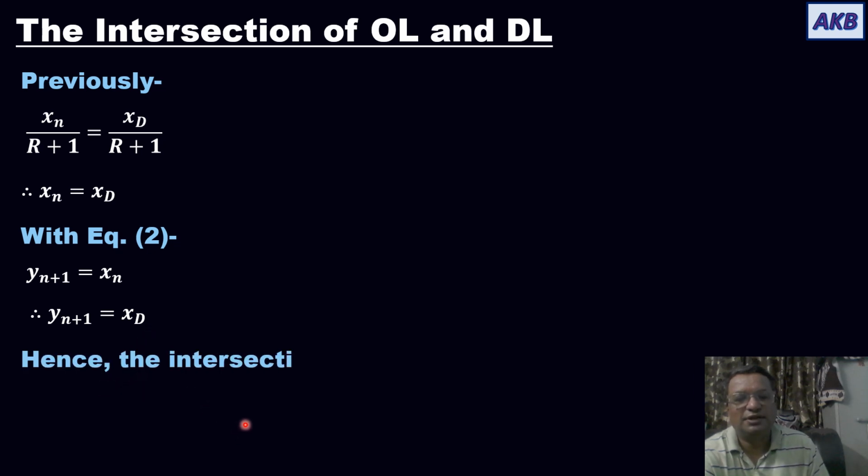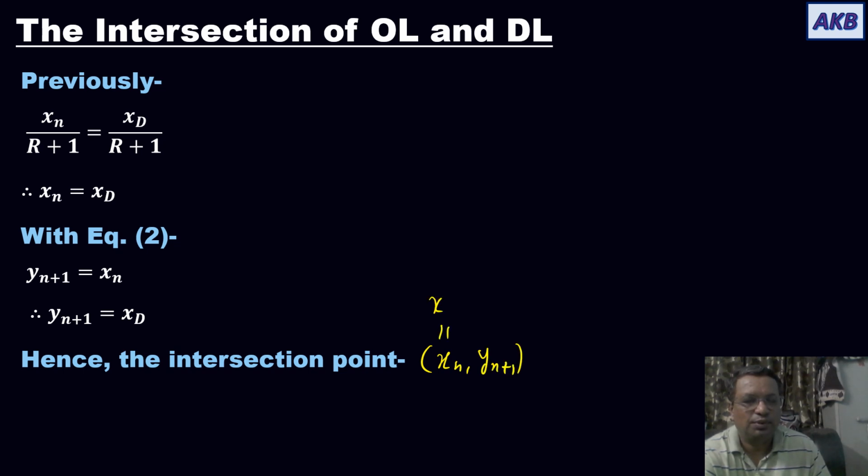Therefore, the intersection point, xn, yn plus 1, here both are equal to xd. So the intersection point of the two lines will have coordinates of xd, xd. Okay.